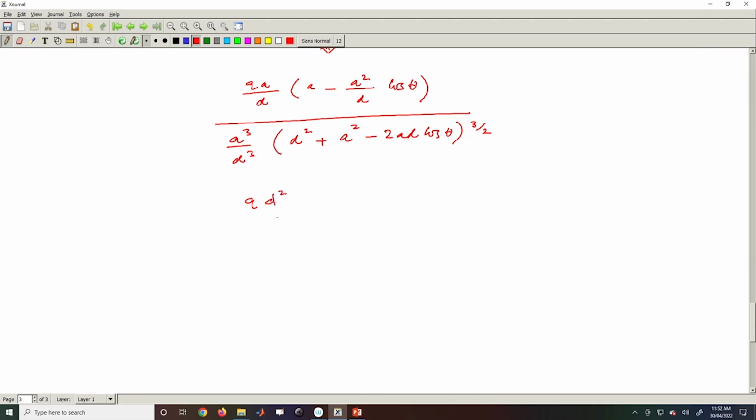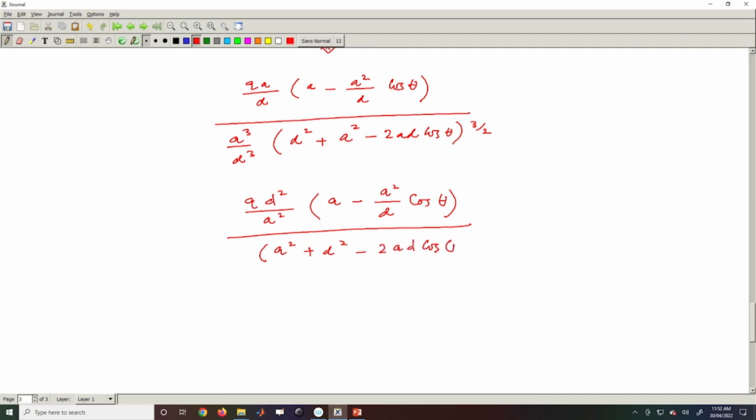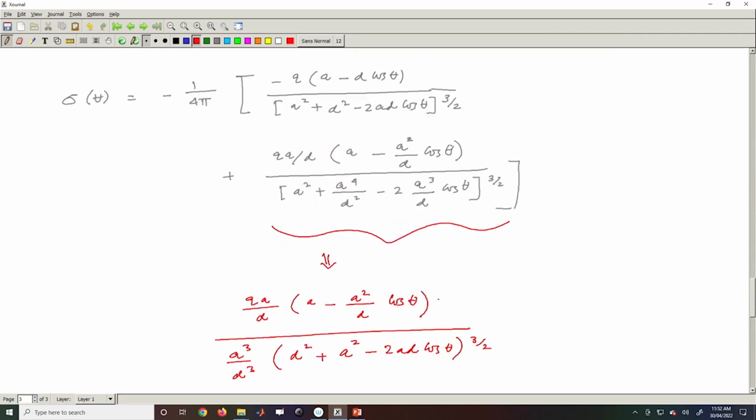So I should have d square divided by a square multiplied by a minus a square divided by d cos theta, whole divided by a square plus d square minus 2 a d cos theta whole to the power 3 by 2. Now, we are set, because we are in a position to calculate, because the denominator is the same.